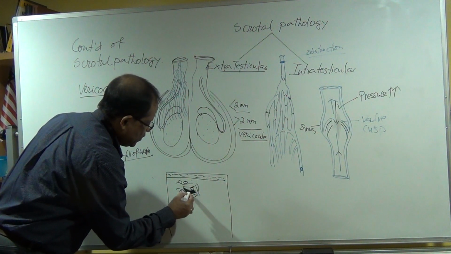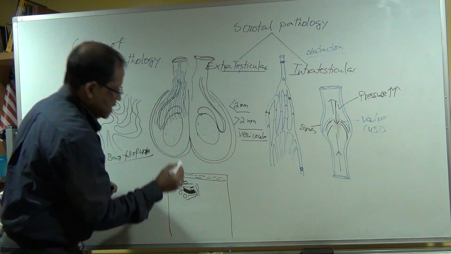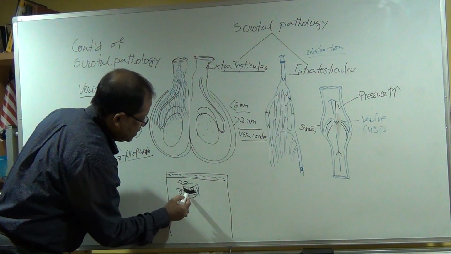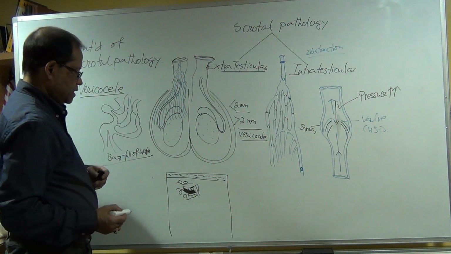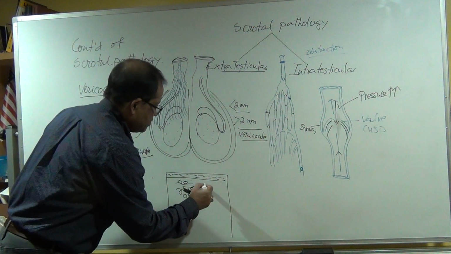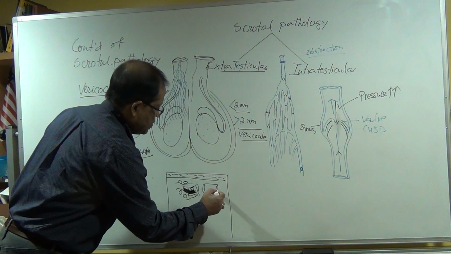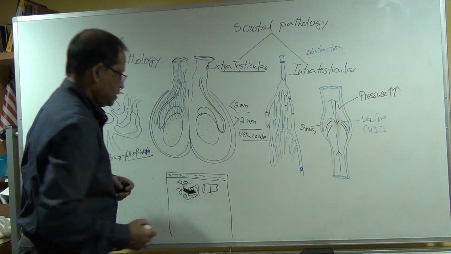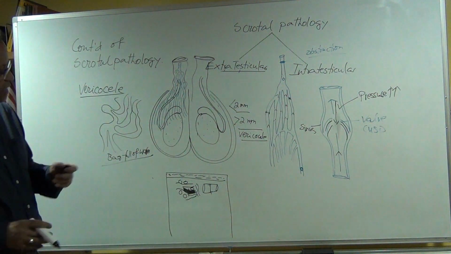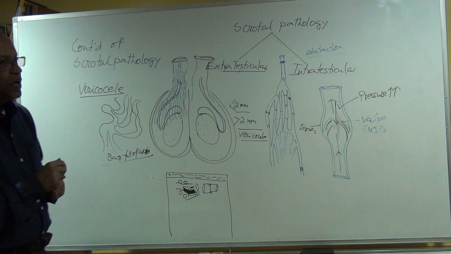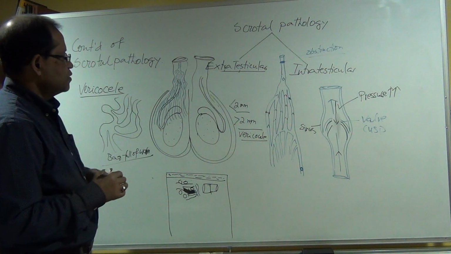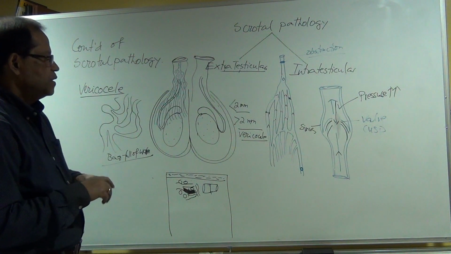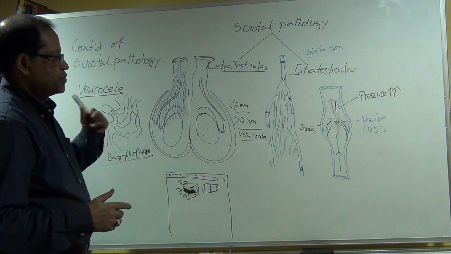When you see the anechoic, click the color, it will be colorful. And then measure the AP measurement. Okay? If these are the blood vessels you found, you have to measure inner to inner. That is AP. Then you have to see how much it is. If it is greater than 2 millimeter, then take it as a varicocele.